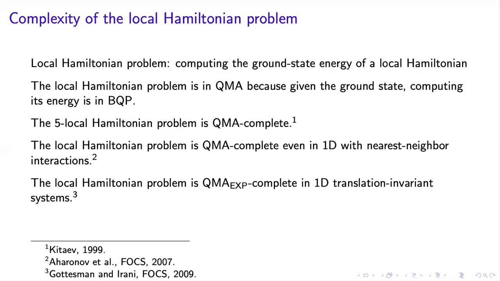In particular, we know that even in 1D with nearest neighbor interactions, such a geometrically local Hamiltonian problem is QMA-complete. And even if, in addition, we have translation invariance, then the problem is still difficult in the sense that it is QMA-EXP-complete. Here we use QMA-EXP because of technical reasons. You might just very loosely speaking view it as similar to QMA-complete.